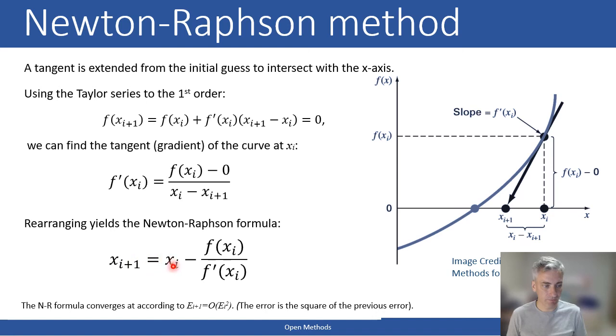So if we have a guess, we can calculate the next value of the guess, or the next iteration, by having the initial guess and dividing the function value by the gradient. And this will give us the new value. So this is a highly recommended approach for finding roots.